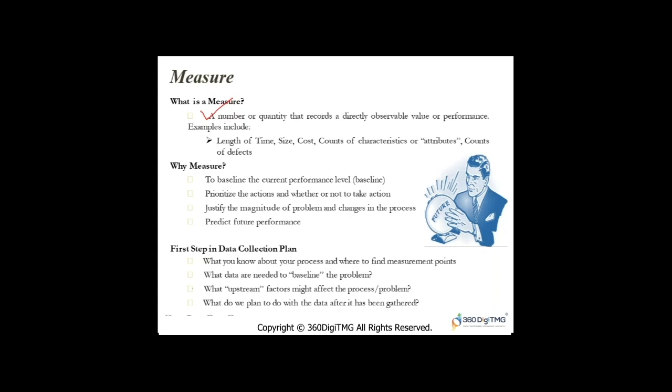What is the property size? What is the gender? Male, female, and so on and so forth. Counts of defects, number of errors, number of complaints. So you tend to measure all these. It can be a number or a quantity that records a directly observable value of performance.